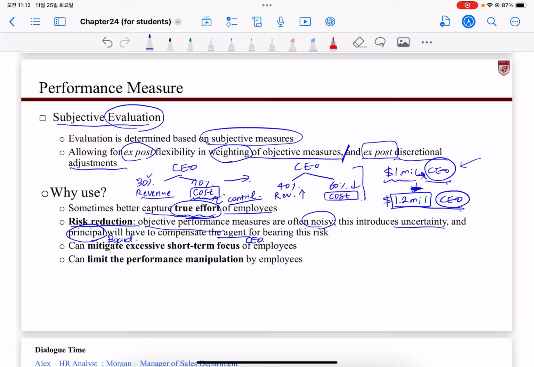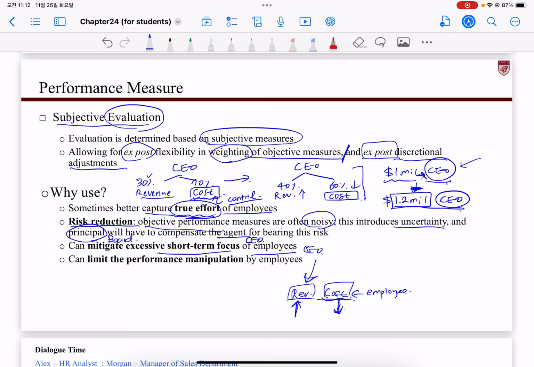Another reason is the board of directors don't want to make the CEOs too short-term focused, right? Let's say if the CEO is purely evaluated based on revenue and cost, then he or she may have some incentive to boost up revenue intentionally and reduce cost whatever the way, like firing an employee, which is an excessive way of reducing cost, right?